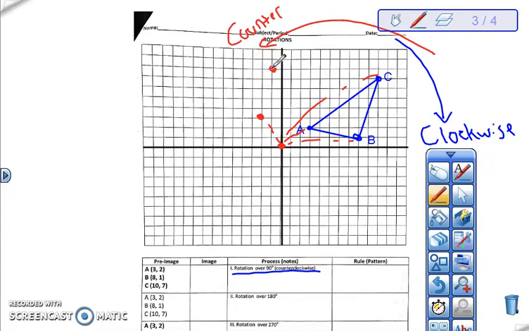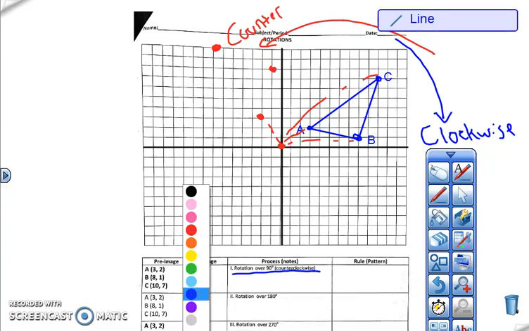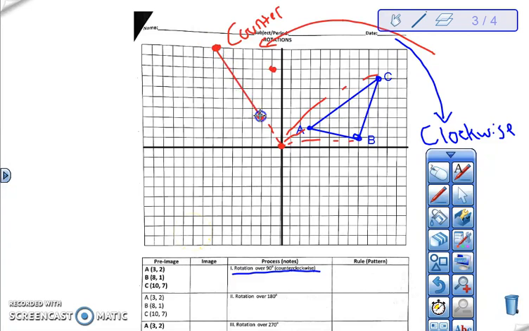And then this one is going to be about here. 1, 2, 3, 4, 5, 6, 7, 8, 9, 10. So about right there. All right, so that is our rotation.